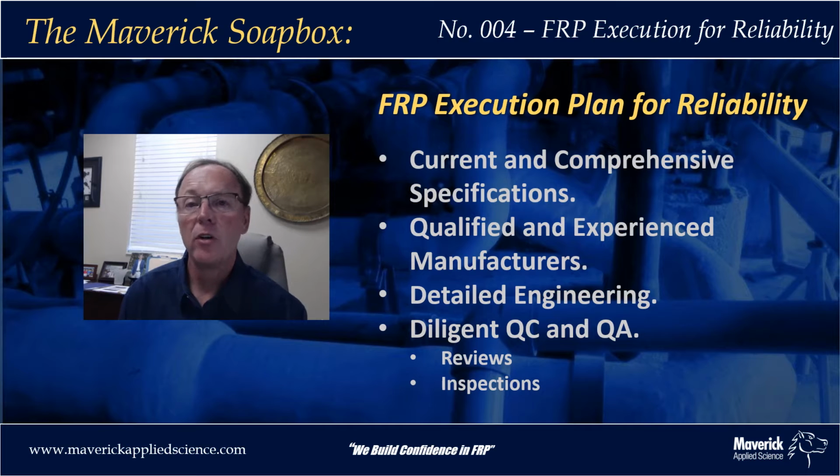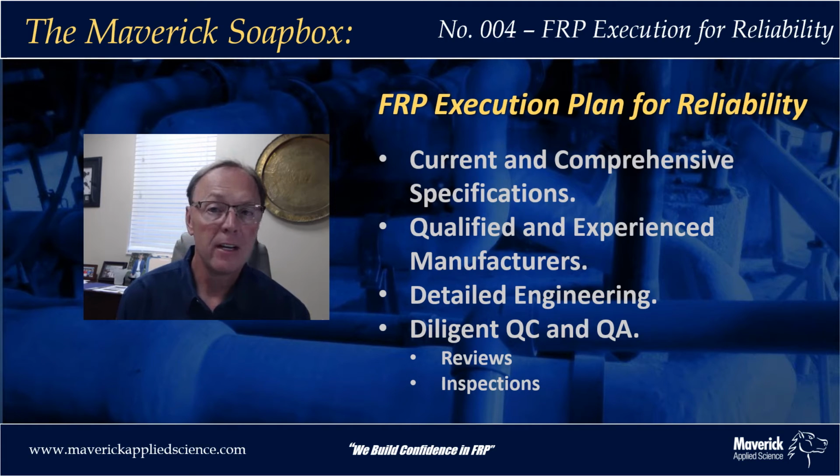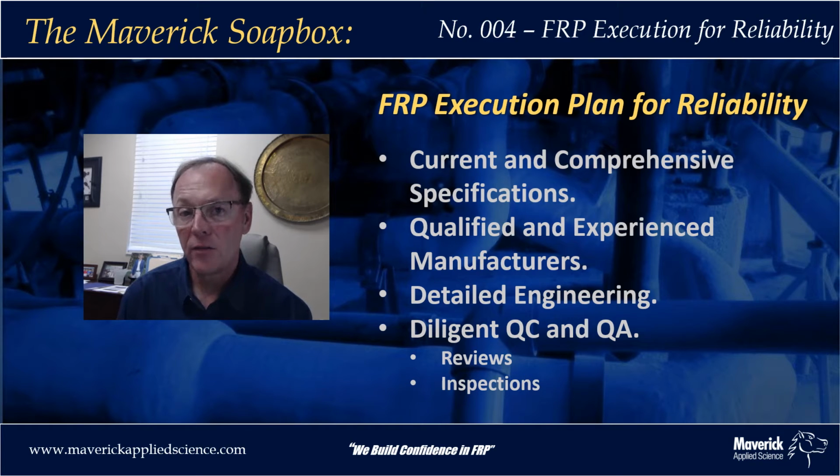Moving on, we're going to talk about qualified and experienced manufacturers. You want to qualify your manufacturers on every project, possibly even audit them. We find that some manufacturers do good piping, some will do tanks very well as their primary expertise, but few do both. So know what they do, know what their capacity is, their capabilities.